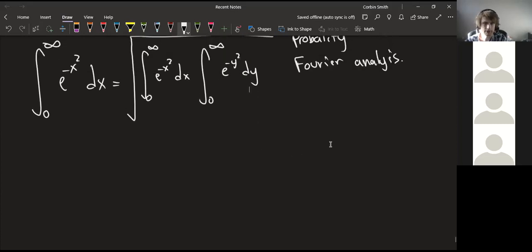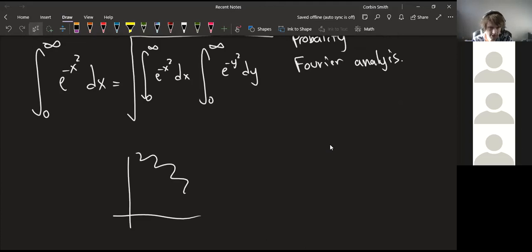So now let's talk about polar integrals. Let's say I have a polar function like this. If I want to integrate it from here to here, we have to worry about the angle we're making, the infinitesimal angle, and the radius.